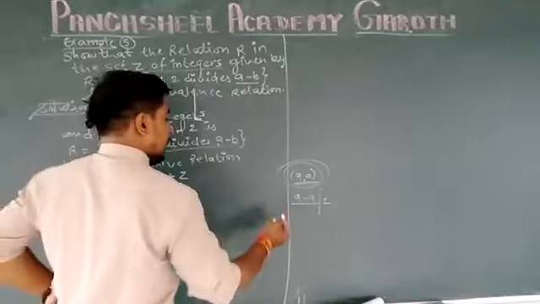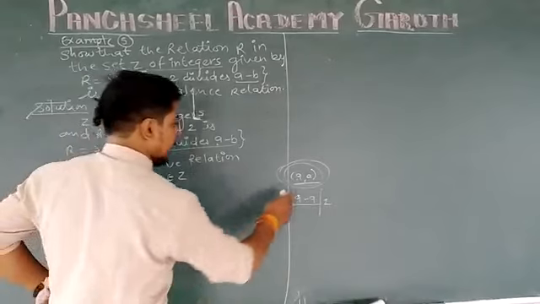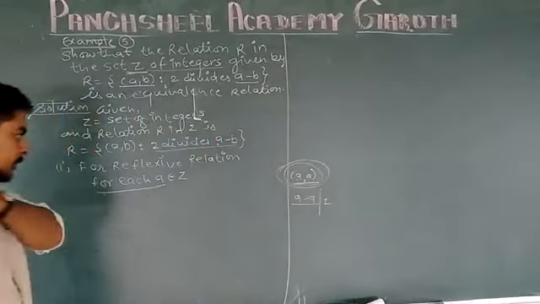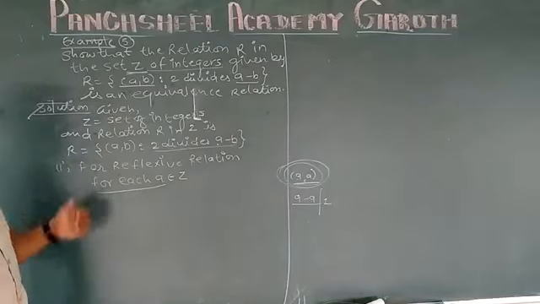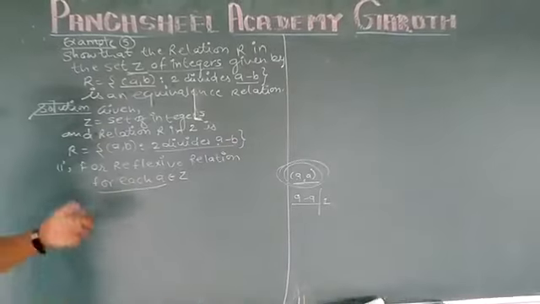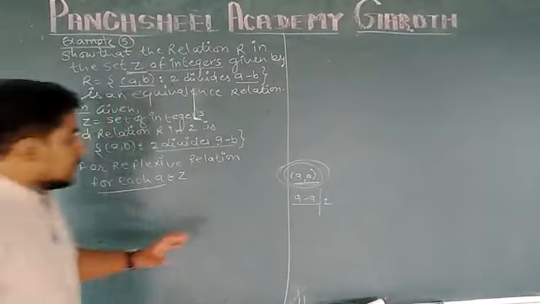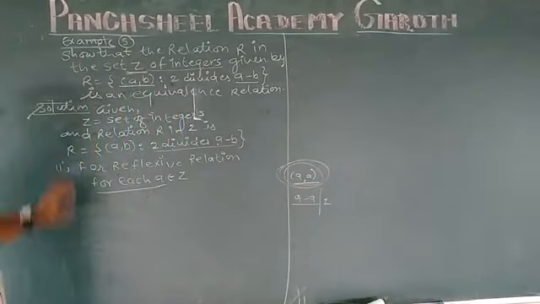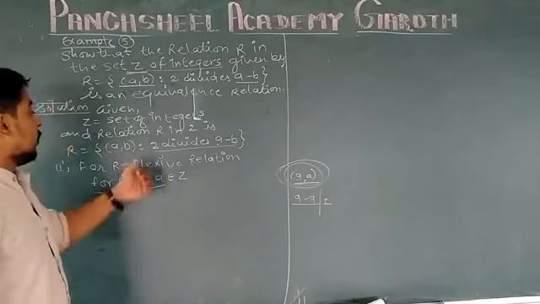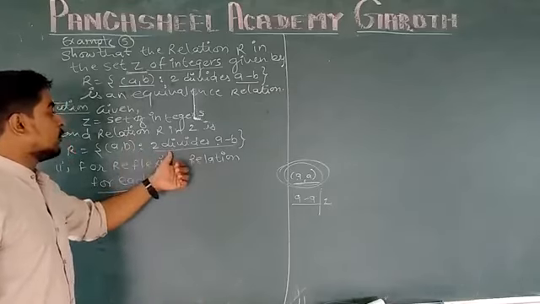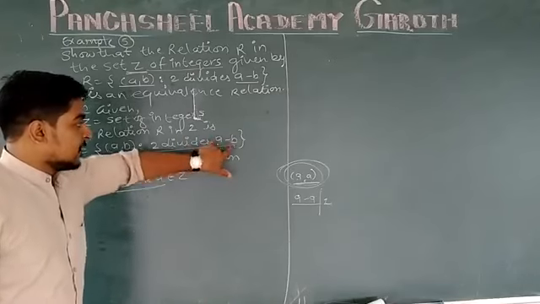So we suppose the ordered pair (A, A) is in R. If the ordered pair comes in R, then it must follow the rule of R. What is the rule? 2 divides the difference of both numbers.